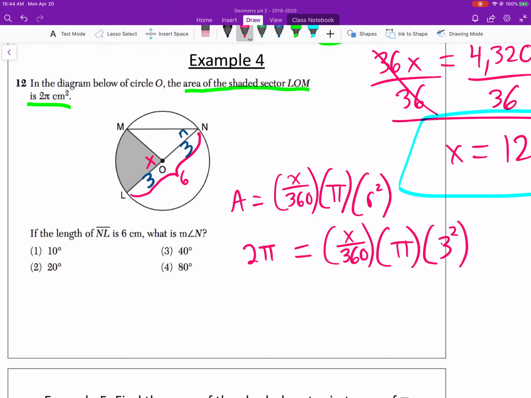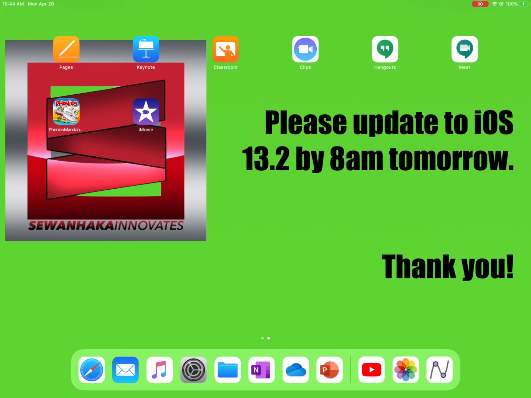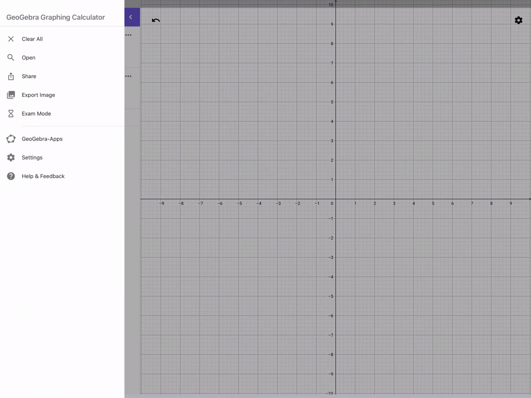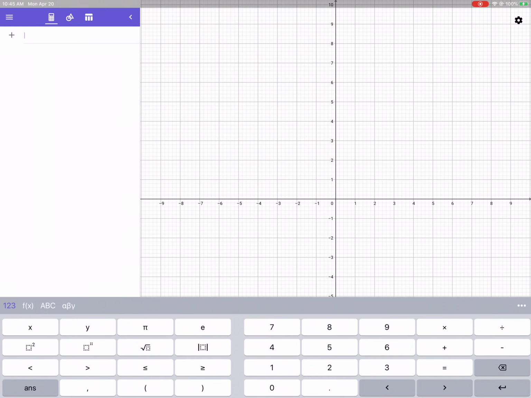Now, we're not going to go through algebraically solving this time, at least for the video. You can if you'd like. I'm just going to show you in GeoGebra we can also get the answer. So exactly as we substituted, 2 pi equals x over 360 times pi times 3 squared.